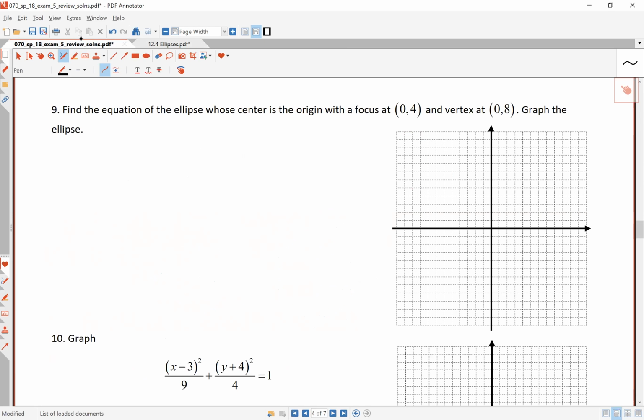So if we have the equation of the ellipse whose center is the origin with focus at (0, 4) and vertex at (0, 8), that means the other focus is at (0, -4), and the other vertex is at (0, -8).